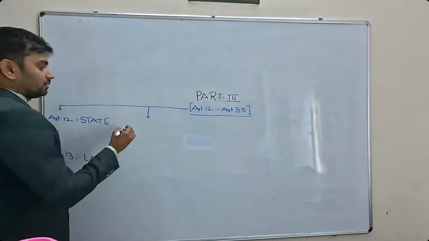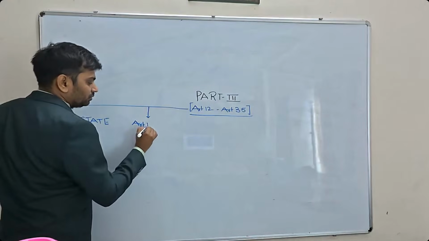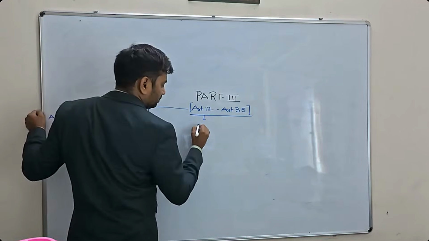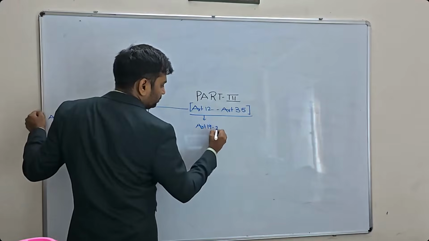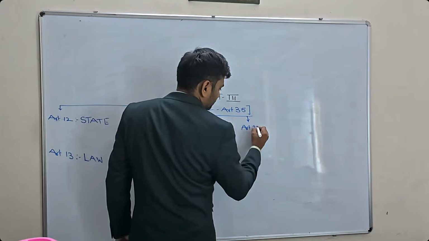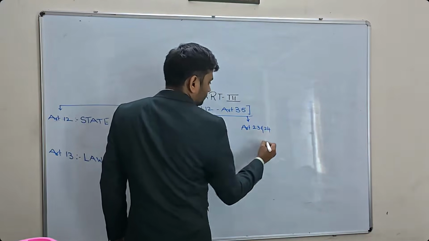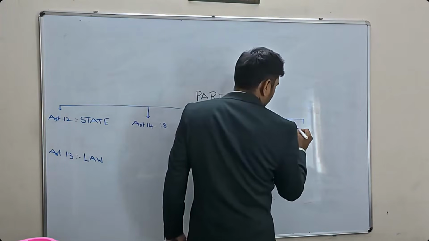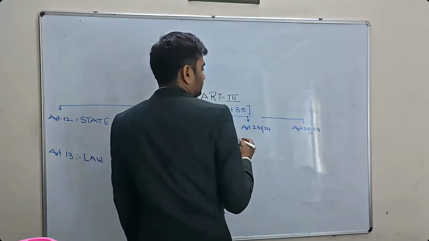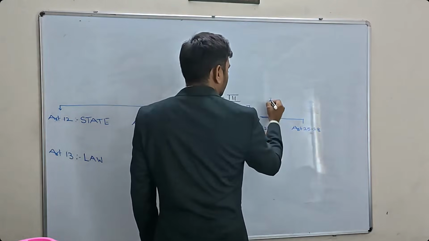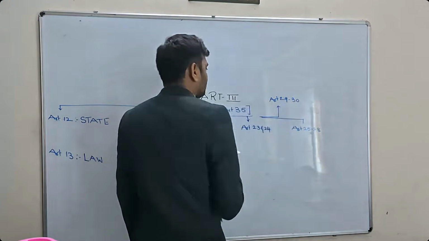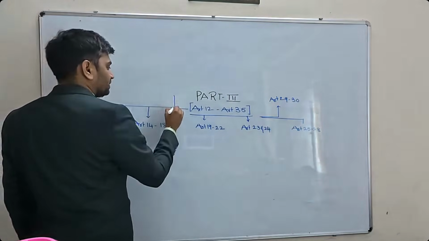They are, first, Article 14 to Article 18, Article 19 to Article 22, Article 23 and 24, Article 25 to 28, then Article 29, 30, and then there is saving of certain laws.